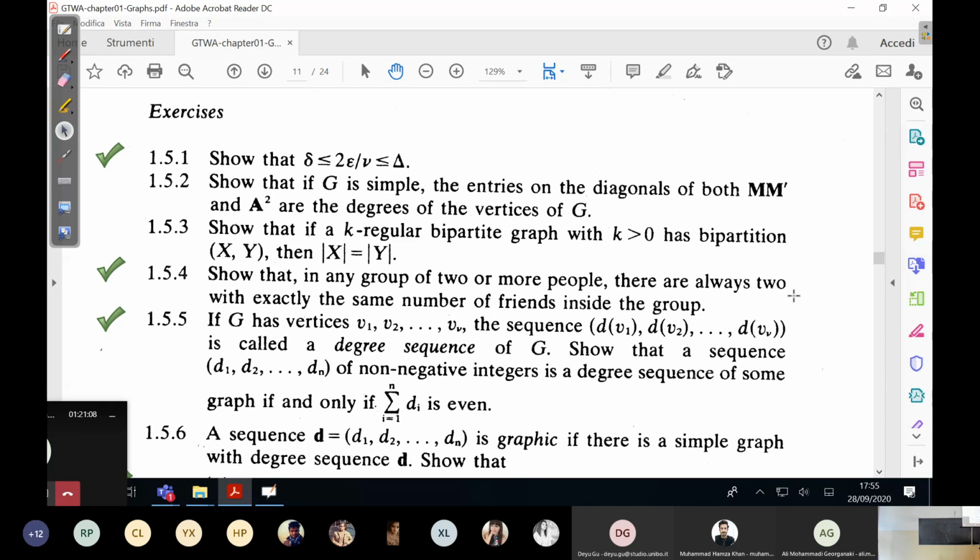They say that in a more friendly way, okay? But it is, in any graph, you have at least 2 vertices with the same degree. Can you prove it? This comes from another thing.